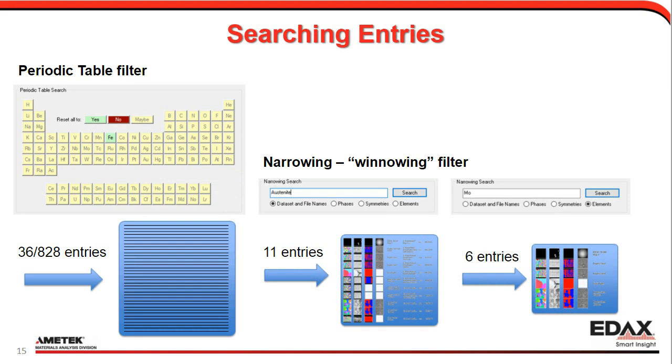If I then look for the ones that have austenite associated with them, either in the name, or the data set name, or the file name, that winnows down to 11 entries. If I look for ones with moly in them in the element list, so I can further narrow it down that way, then I get 6. So you can do all kinds of little tricks, and get started.